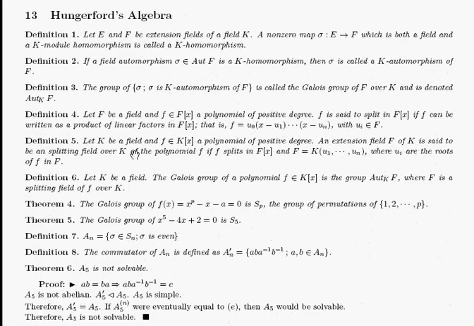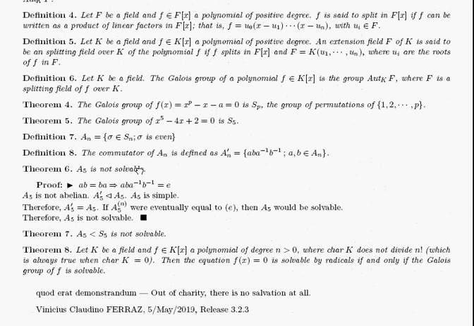Algebra is a sketch of whenever. Theorem 8. Let K be a field and f in K[x] a polynomial of degree n greater than 0 where the characteristic of K does not divide the factorial of n, which is always true when the characteristic of K equals 0.